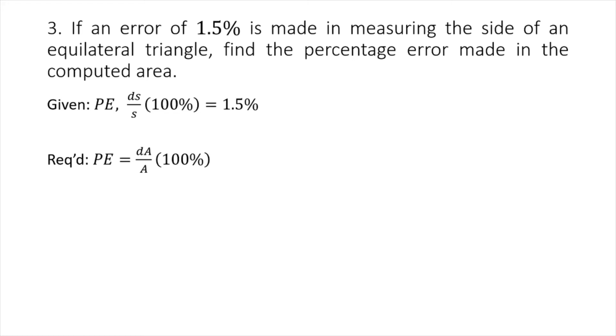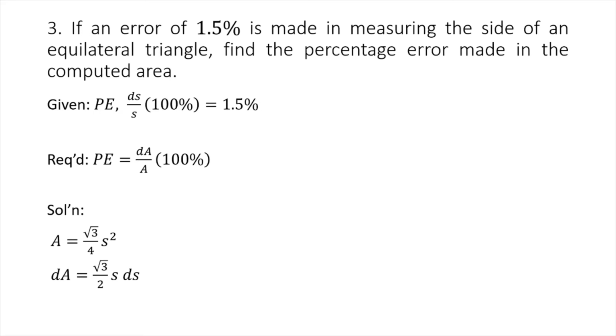All right. So let's start with the area formula for equilateral triangles involving the side. Okay. So area formula in this case is A equals square root of 3 over 4 S squared. S pertains to the side of the equilateral triangle. Okay. And then taking a differential of A, this will give us square root of 3 over 2 s times ds.